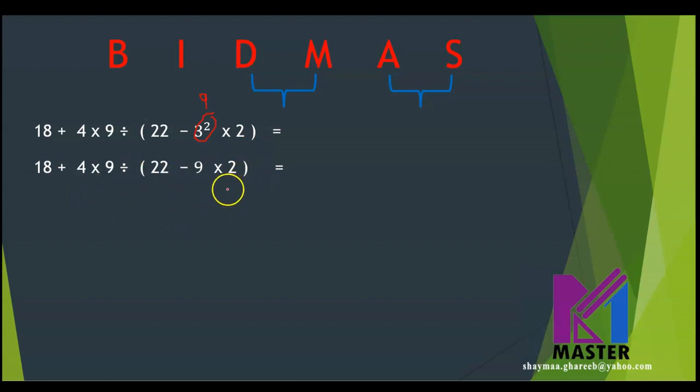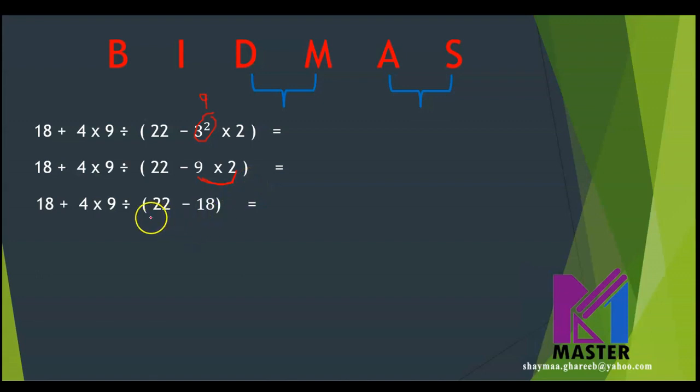Now look at inside the bracket. I have subtraction and multiplication. So I will start with the multiplication. So 9 times 2 is 18. So I will keep everything as it is, and only the 18 will be here instead of the 9 times 2.